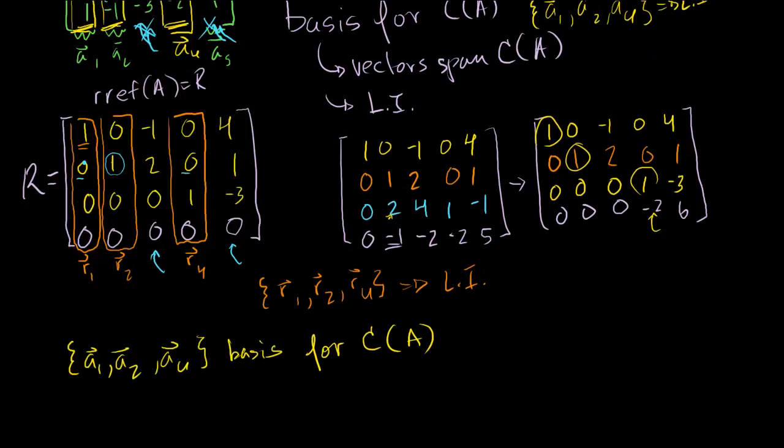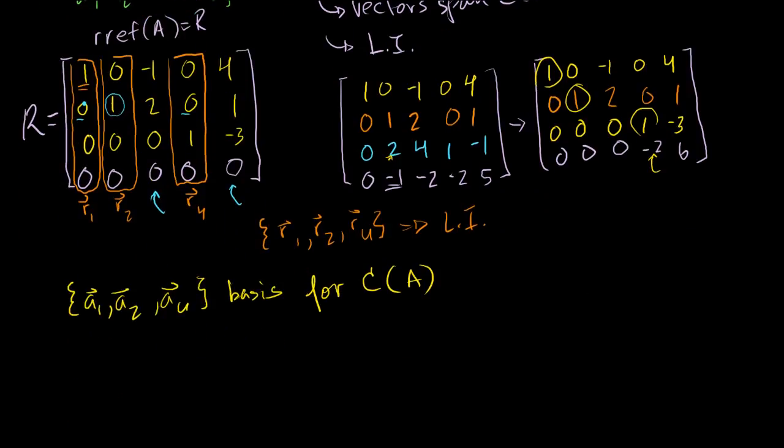The next question is, what is the dimension of the column space of A? Well, the dimension is just the number of vectors in any basis for the column space. And all bases have the same number of vectors for any given subspace. So we have 1, 2, 3 vectors. So the dimension of our column space is equal to 3.